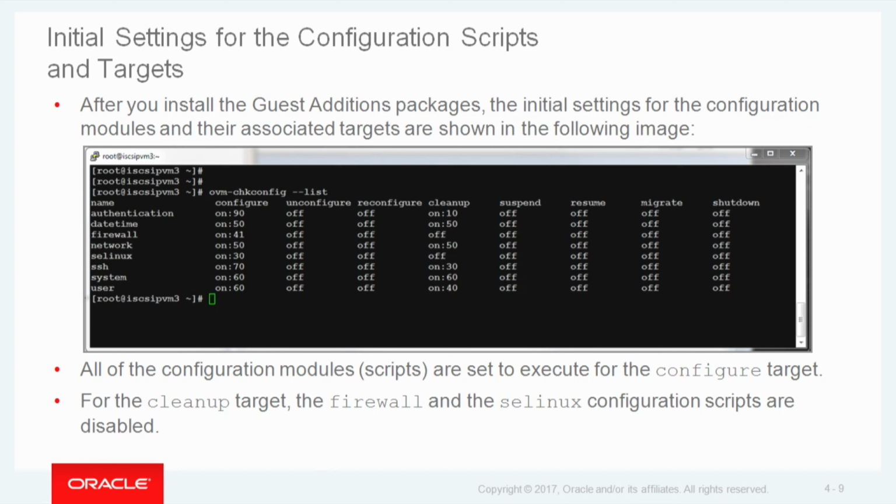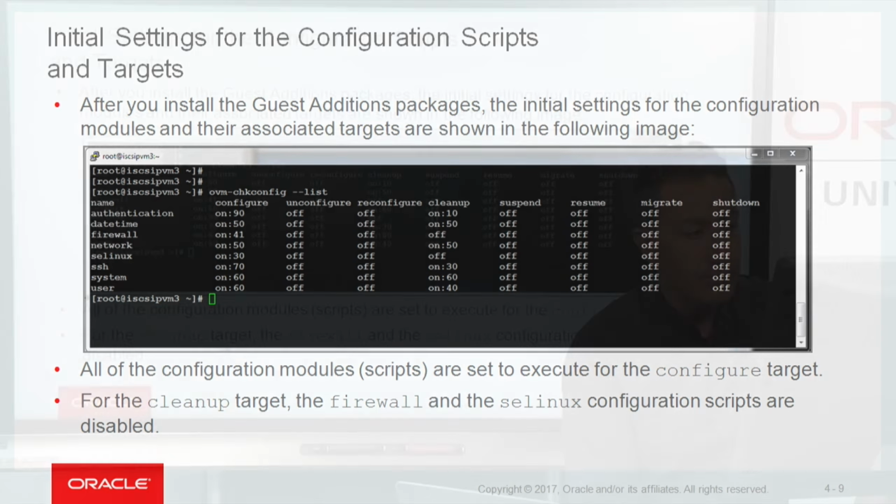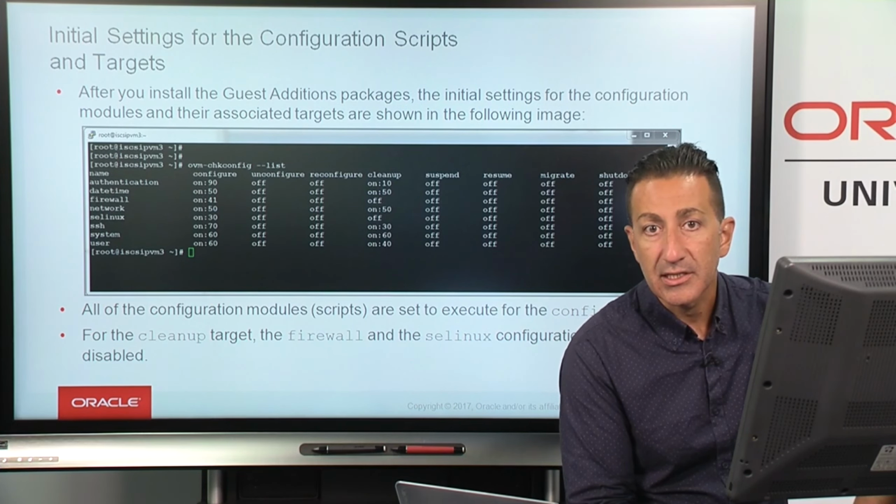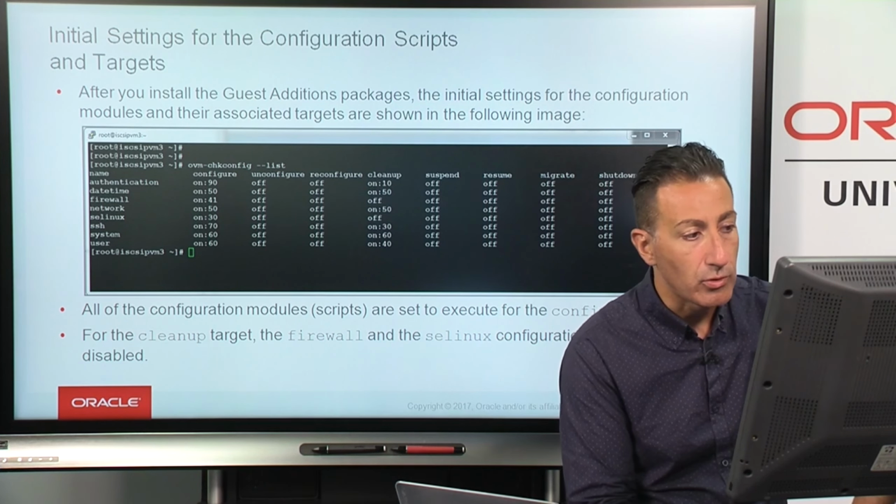Well, here in this screen, we are able to know, for example, these targets. So you see that we have ovm-checkconfig. This is similar to the checkconfig utility that we have in Unix Linux platforms, but in this case it's related to these VM template configuration scripts. So we could list, and you will see the name of the script, authentication, datetime, and so on.